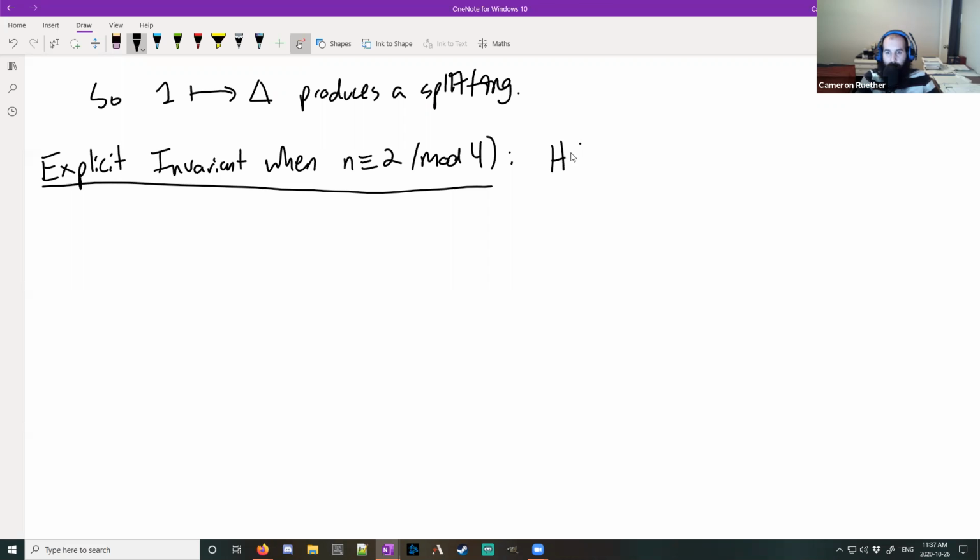So we're going to consider half spin for n into the projective special orthogonal group.